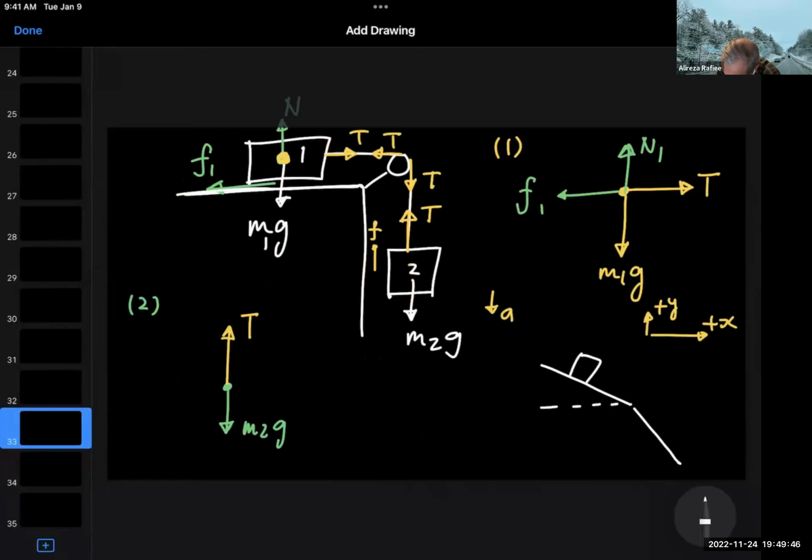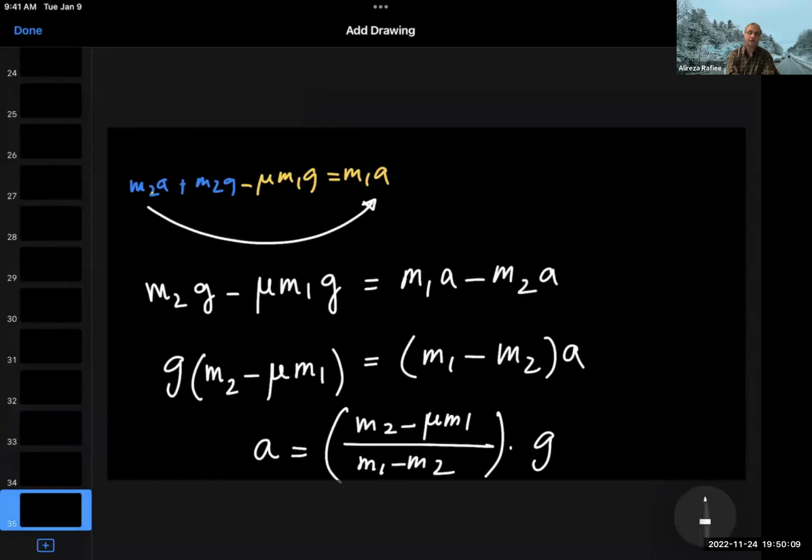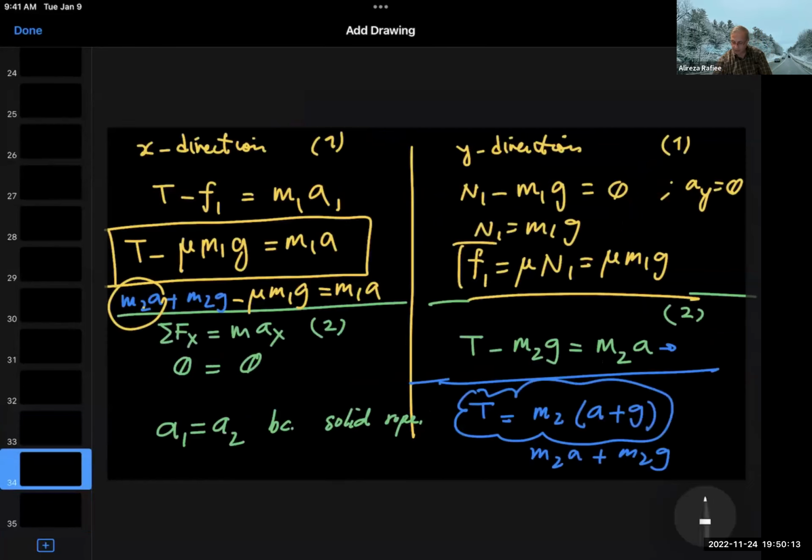So you have one object here and one object here connected through a tiny wheel, and both of them have angles theta 1 and theta 2. That would be a far more exciting question. But anyhow, you can easily solve for the acceleration. And if you have the acceleration, you can go back and replace it into one of these two equations, for example this one, and calculate T.